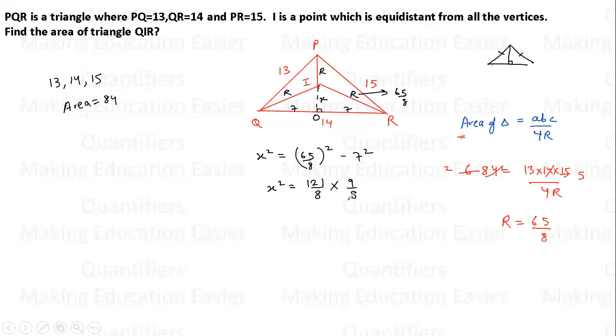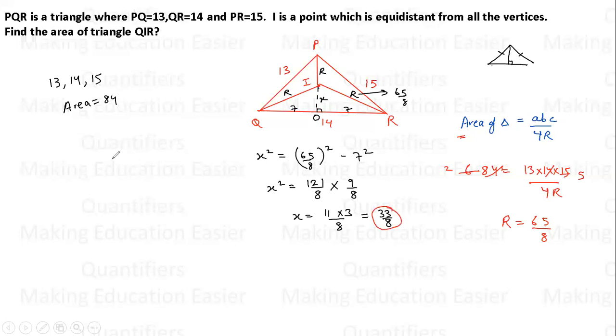Now from here we can find the value of x. The square root of 121 is 11, the square root of 9 is 3, and in the denominator we have 8 square, so we'll get 8. So x comes out to be 33 by 8.